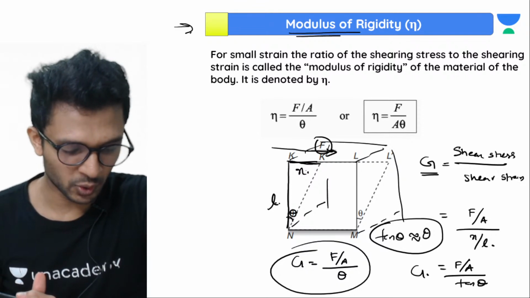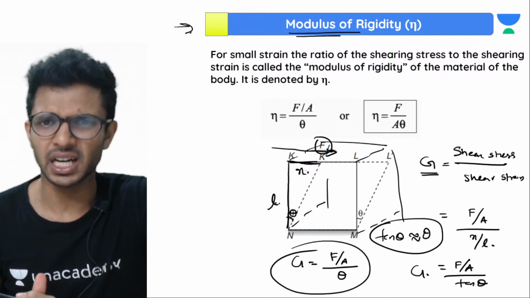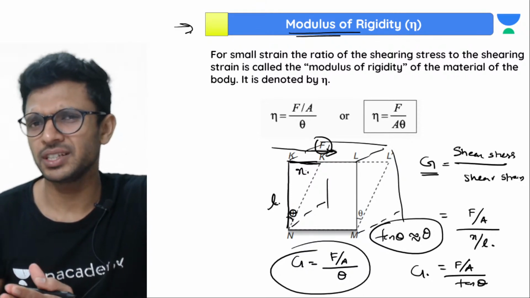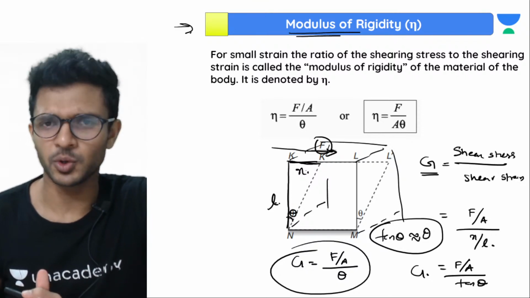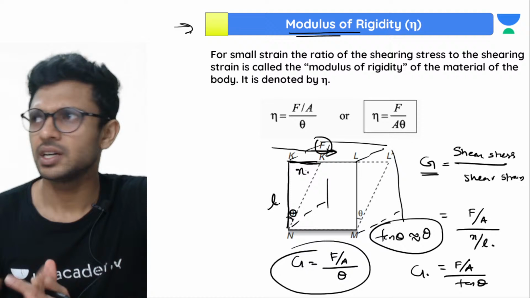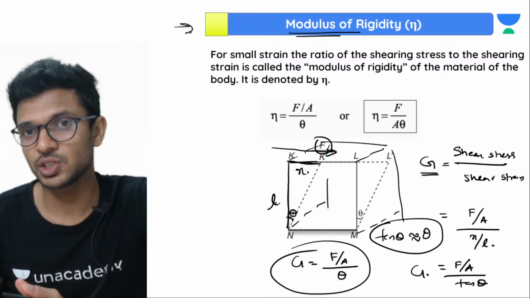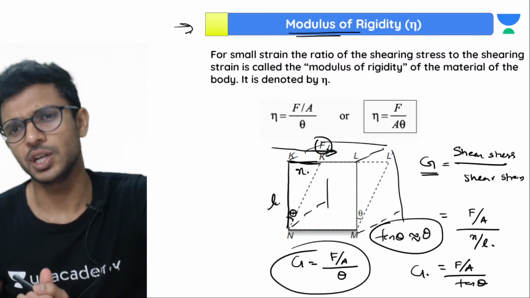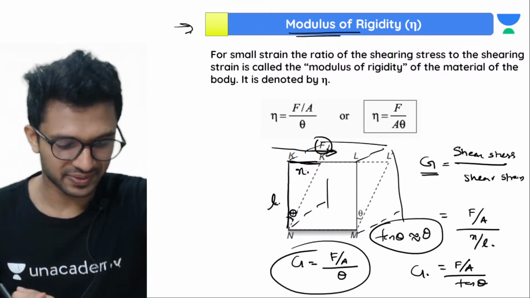Tomorrow, today, tomorrow. I have a mix of options here. So I think we'll continue in tomorrow's class. We have enough time. There are 4 classes, so only small topics are left. We'll keep the energy, Poisson's ratio, and applications of elasticity for tomorrow's class. We'll do lots of questions also, so it's going to be super amazing.